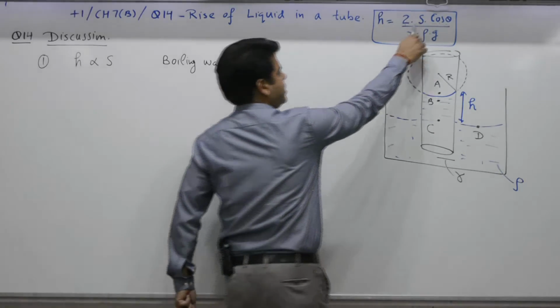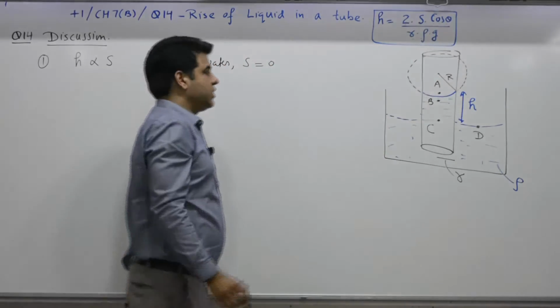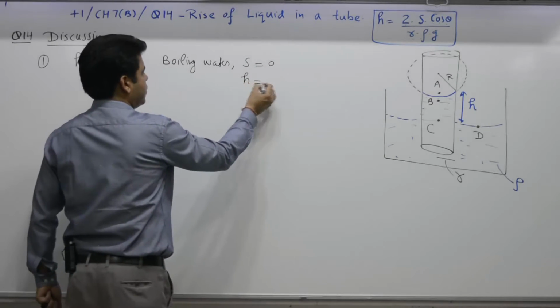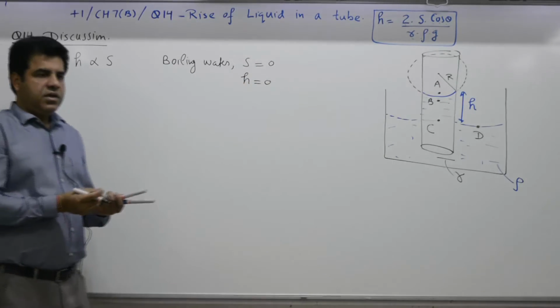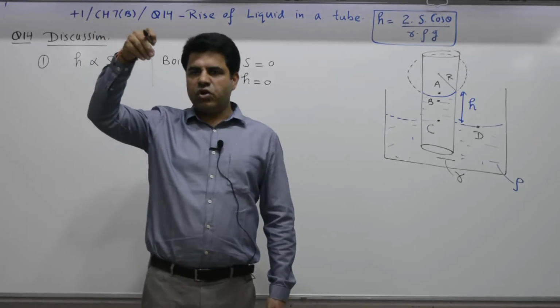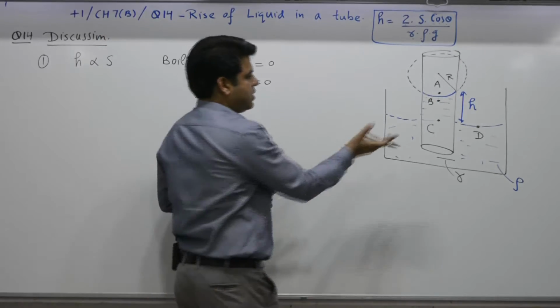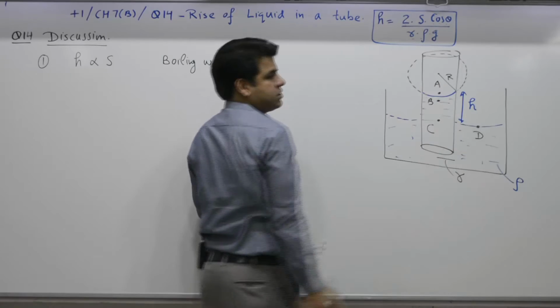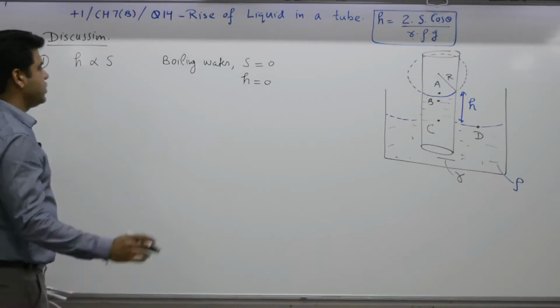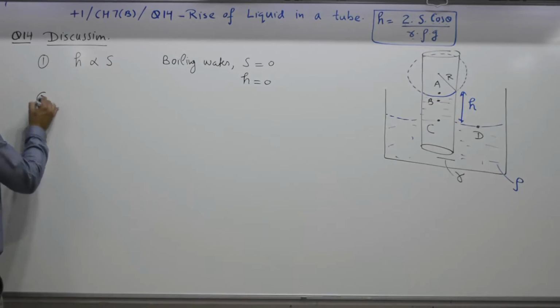If S is 0, this whole expression becomes 0, so height is also 0. That means if you place this straw in boiling water, the water won't rise above this level because surface tension is 0.